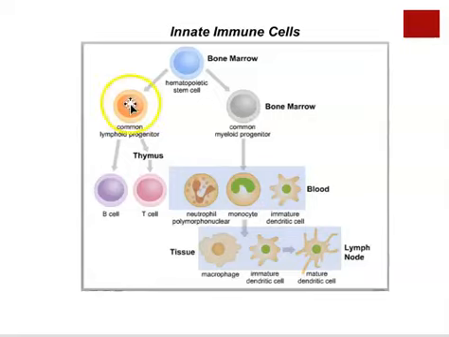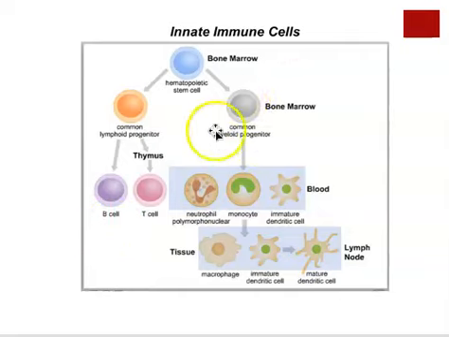These are not true stem cells, these progenitor cells, but they give rise to all of the other types of cells in each one of these lines, the lymphoid line and the myeloid line. Now, the lymphoid line includes both T cells and B cells. The T or T lymphocyte cell and the B or B lymphocyte cell.